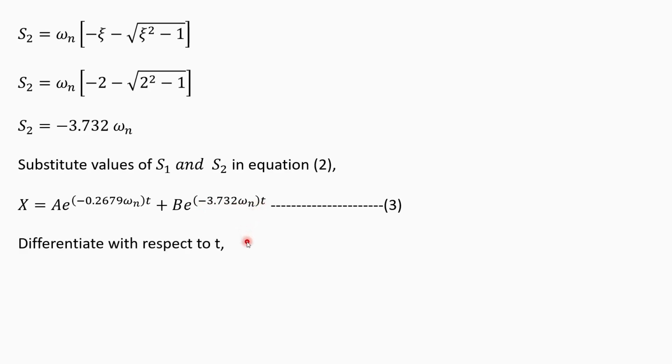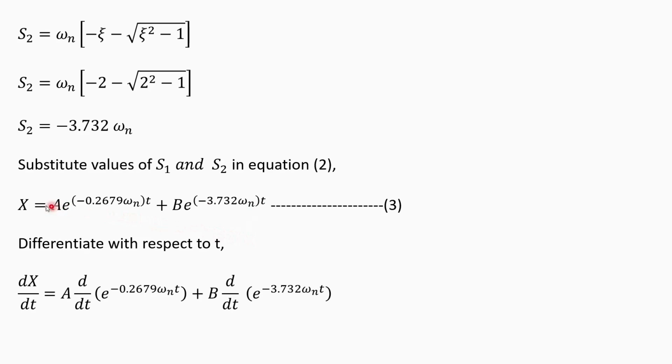Now differentiate with respect to t. We can write the derivative of x, that is dx by dt. A is a constant, so we have to take the derivative of this exponential term. B is also a constant, and we take the derivative of its exponential term.